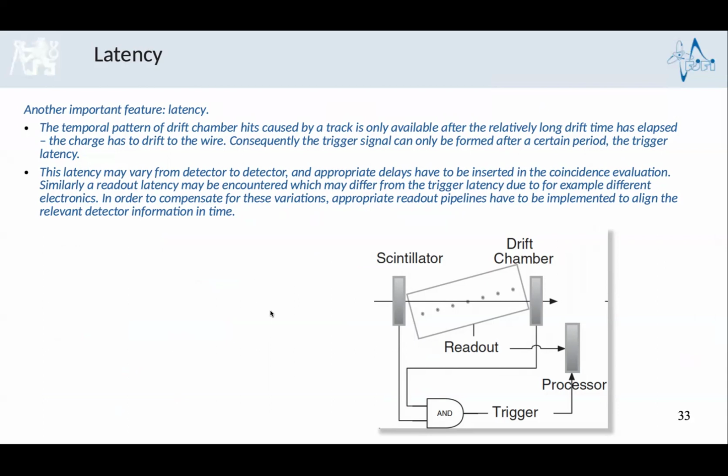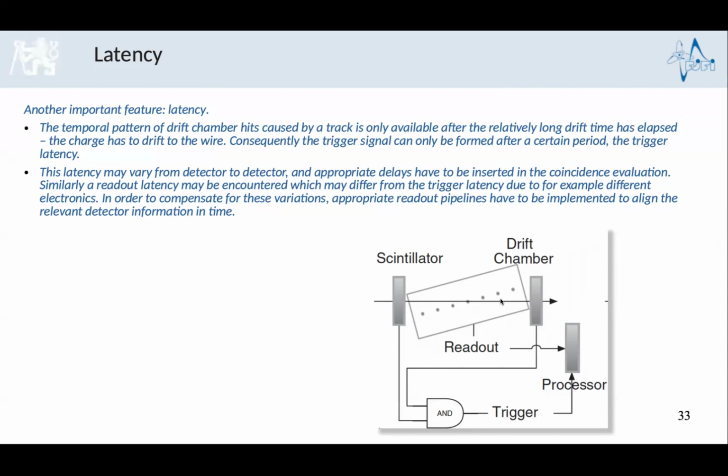Latency is, well, using this as an example, the pattern that is seen by one detector that can measure a track is only available after some time where the particle crosses it, and in the case, for example, of a drift chamber, that has a drift time and that will take some time for the chamber to collect the information and process.